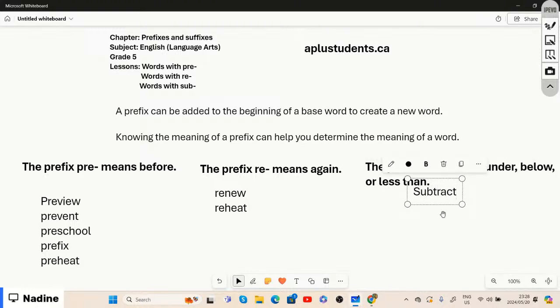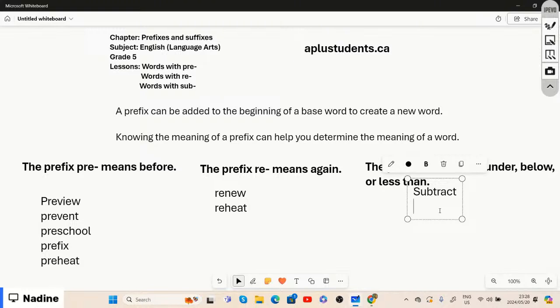Remember subtracting in mathematics. If we need to subtract 2 from 5, then we're going to have 2 less. That is subtracting 2 from the 5 that we had. All right, so that is less than.